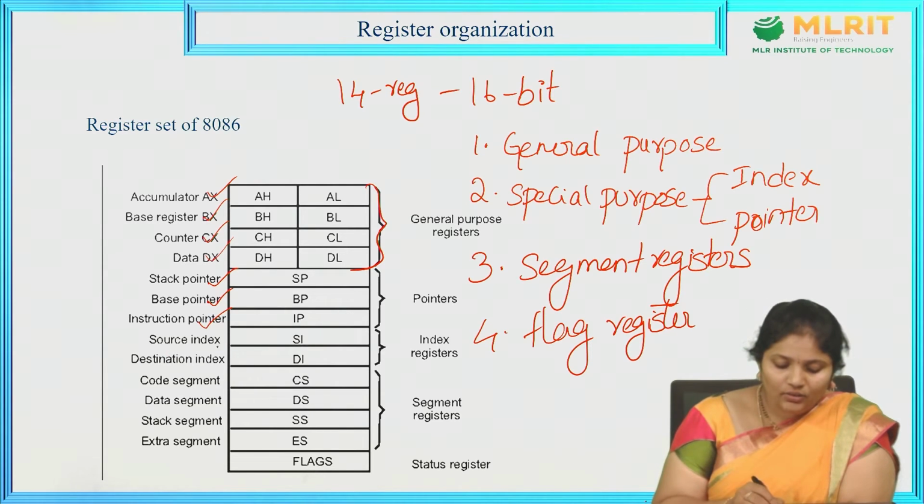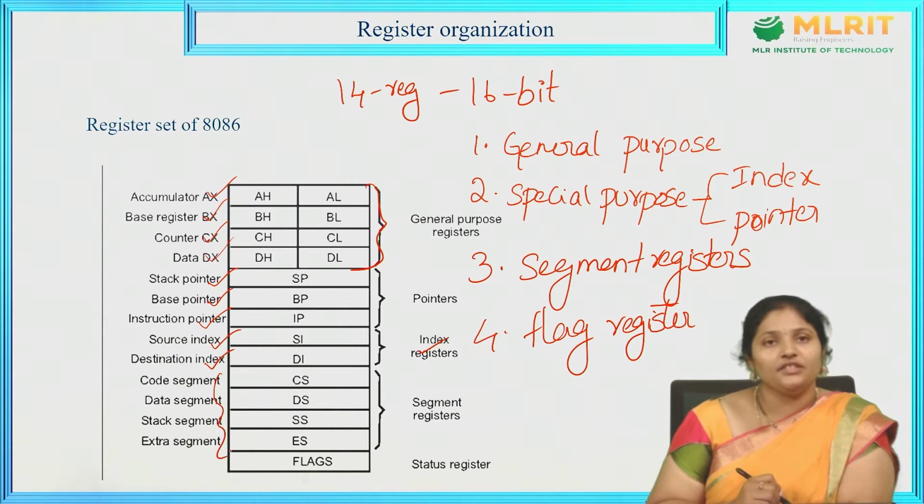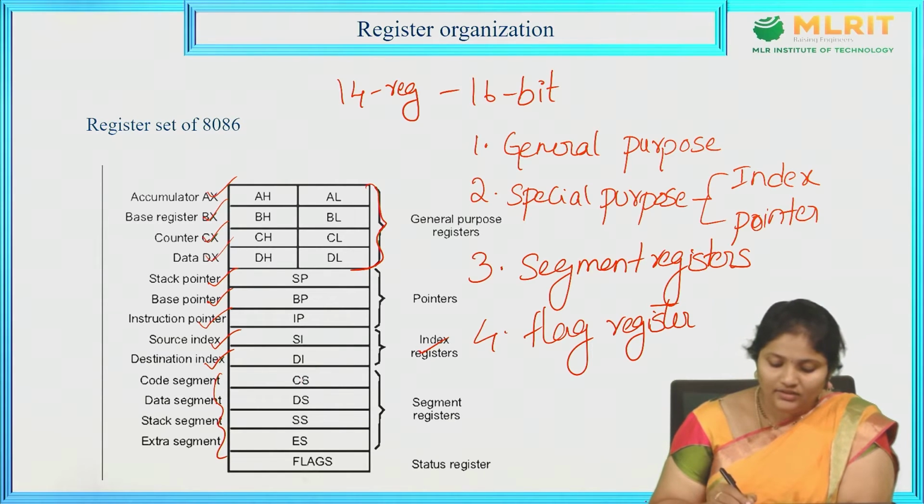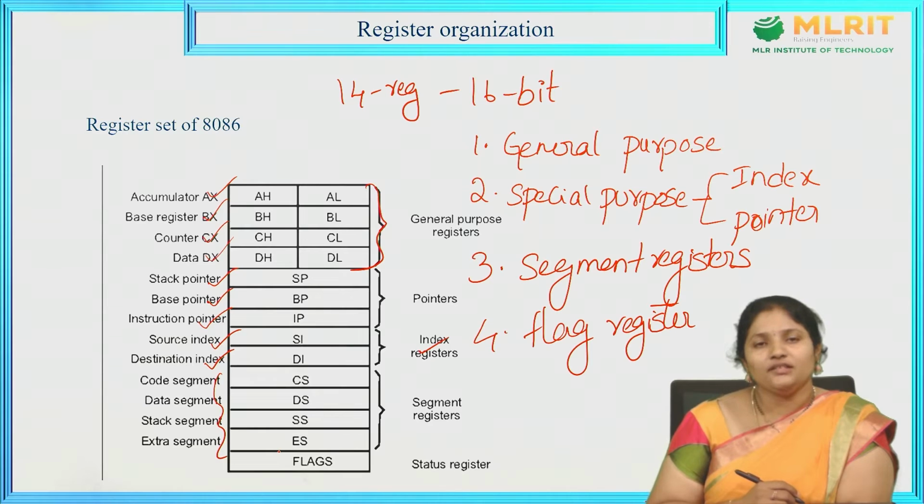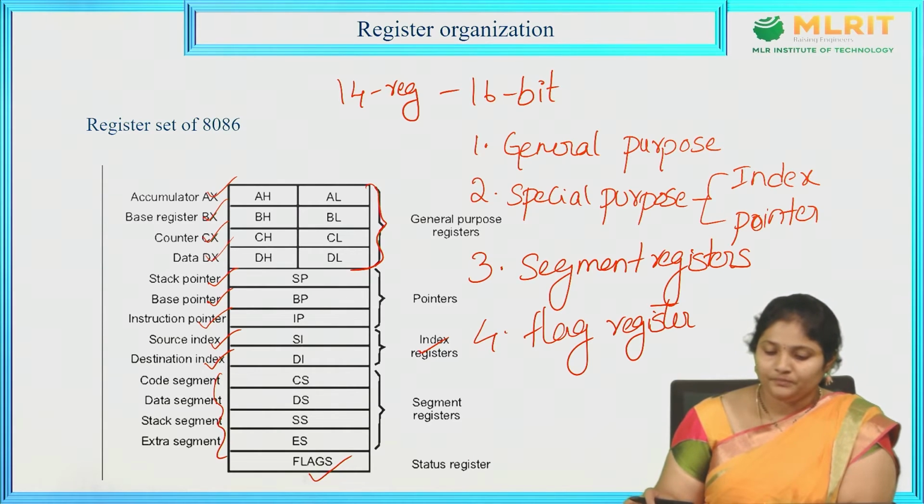Source index and destination index are the index registers. And there are four segment registers: code segment, data segment, stack segment and extra segment. These registers usually hold the starting address of that particular segment, and the flag register shows the status of the microprocessor.